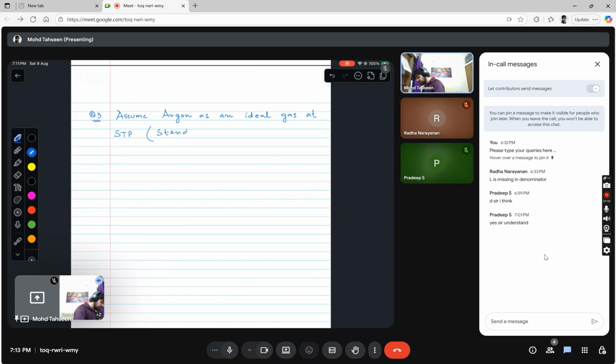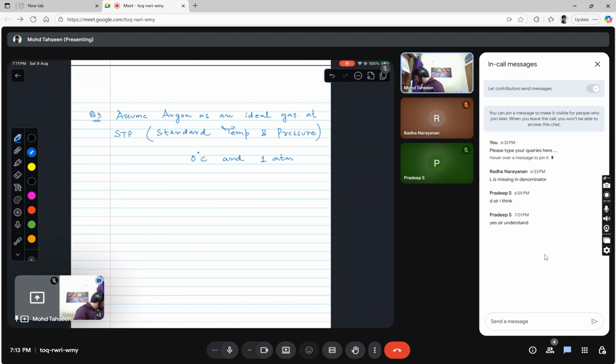Standard temperature and pressure. And that is 0 degrees centigrade and 1 atmosphere pressure. So these are called STP conditions.